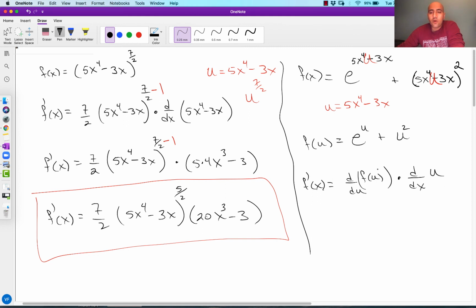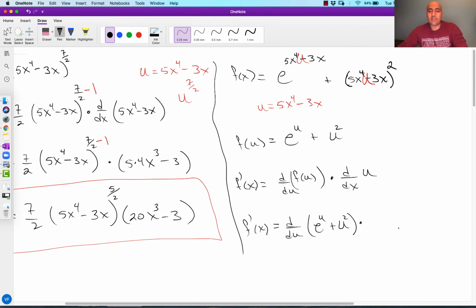Good. Okay, so then this derivative, f prime of x, is going to be equal to, let me write it down, d du of e to the u plus u squared, times the derivative with respect to x, d dx of the u, which is 5x to the fourth power minus 3x.